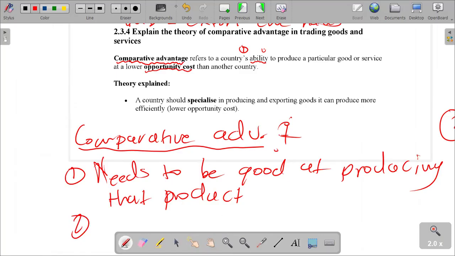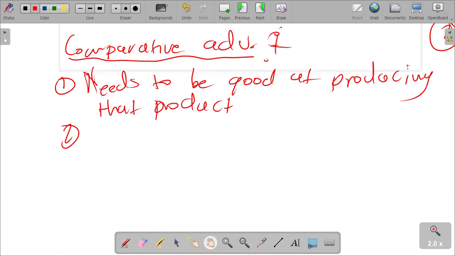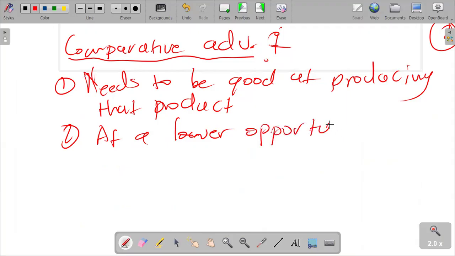So what does opportunity cost mean? They need to be good at producing that product at a lower opportunity cost. What is this word, this word that sounds fancy?